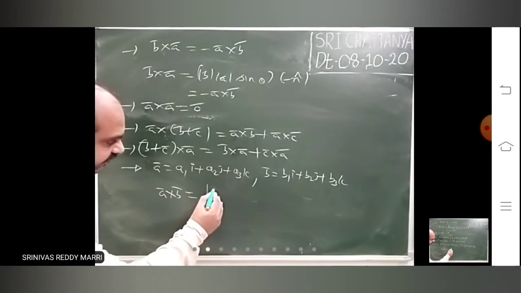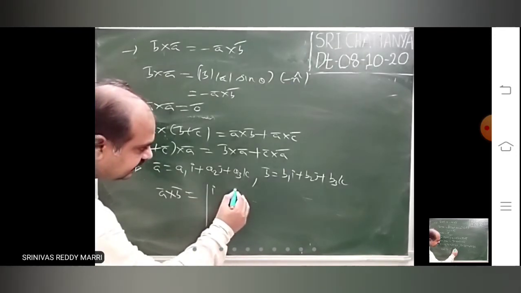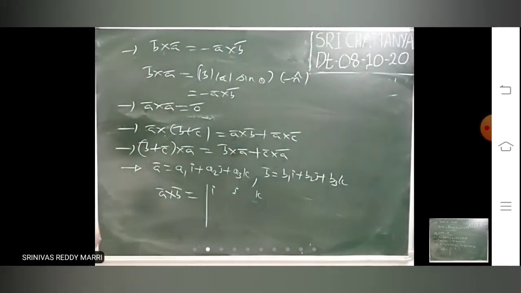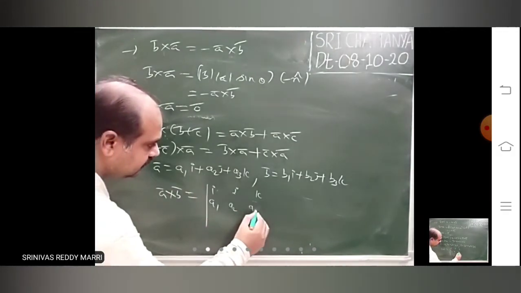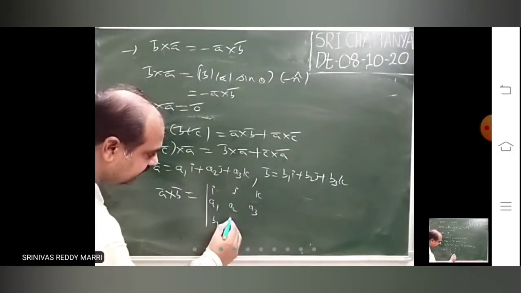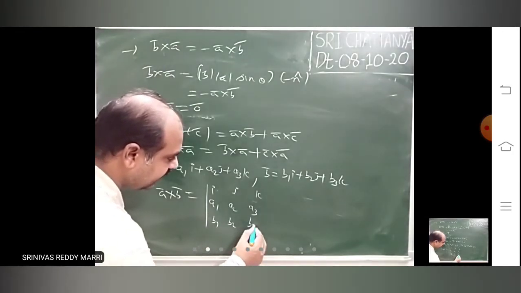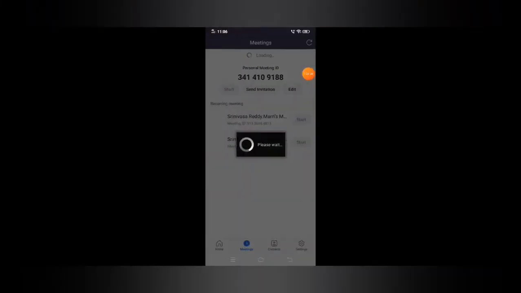What will you get? You write the determinant. First row always i, j, k. Second row, the first vector. Third row, the second vector. If you calculate this determinant, you will get the result in terms of i, j, k.